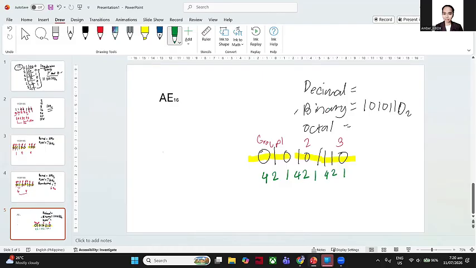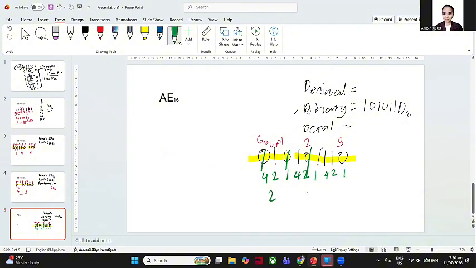Now, first the group 1. We cancel the 0, so we have 2. Group 2, we cancel the 2, so 4 plus 1. Why 4 plus 1? Because we have 1 and 1 there.